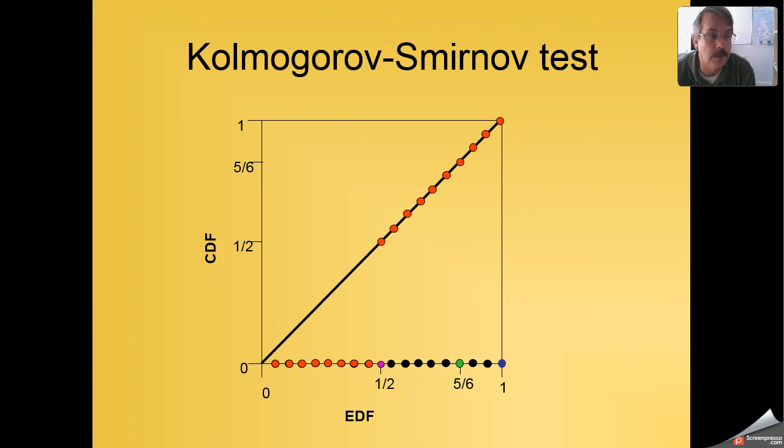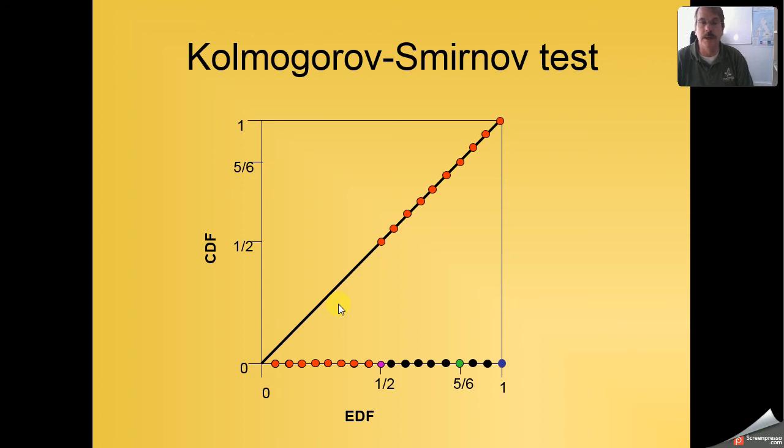So this is what we would see if we looked on a distance printout of poor data. These red dots indicate that there's a discrepancy between data living on this 45-degree line.